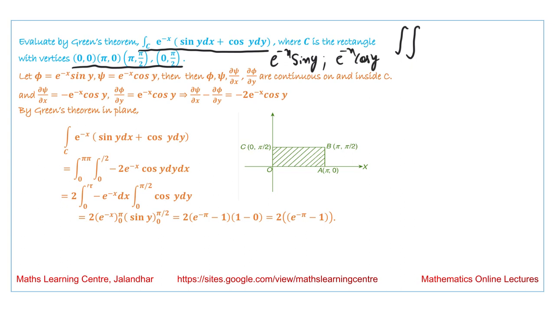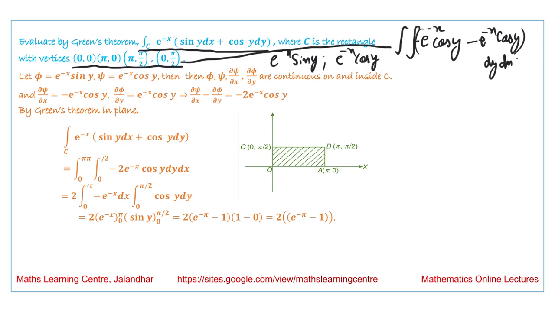If we take the derivative over here, we get it is e raised to the power minus x into, we have over here it is minus this into cos y minus e raised to power minus x into cos y into dy dx, and the region, it is bounded by these curves. So what we have over here, it is integration minus 2 common. We are left with this e raised to the power minus x cos y dy dx. Now look at these terms over here.